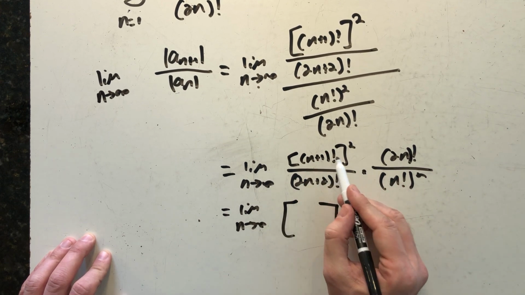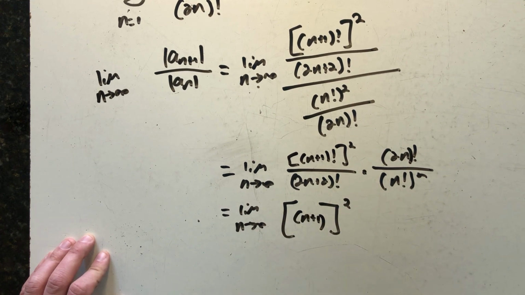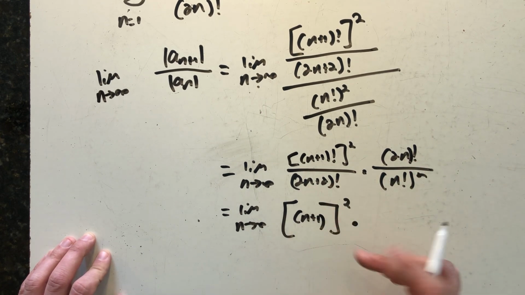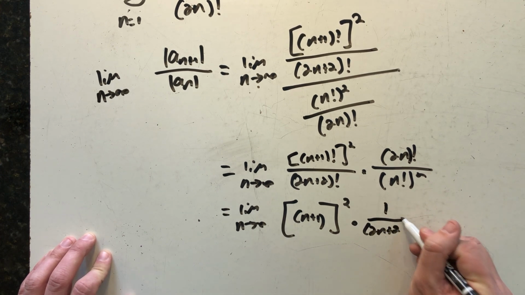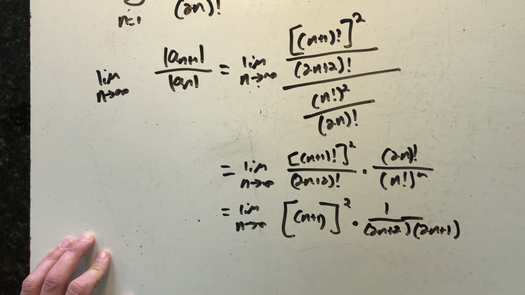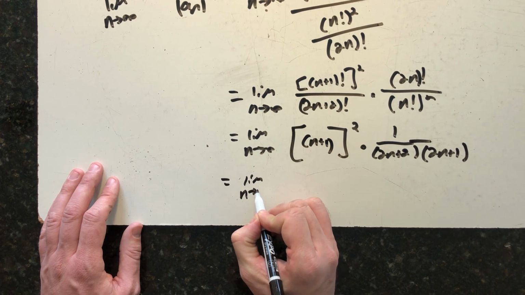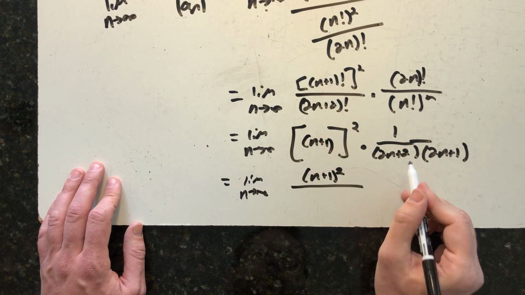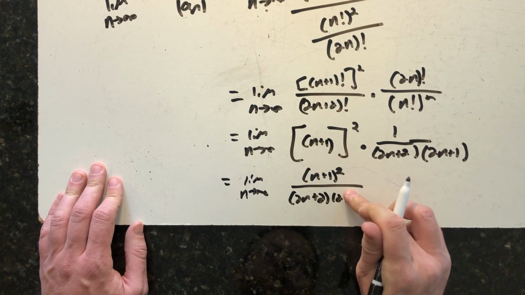That's going to be (n plus 1) factorial over n factorial, which is just n plus 1, times (2n) factorial over (2n plus 2) factorial, which is 2n plus 2 times 2n plus 1. Putting all of that together, we're taking the limit as n approaches infinity of (n plus 1) squared over (2n plus 2)(2n plus 1).